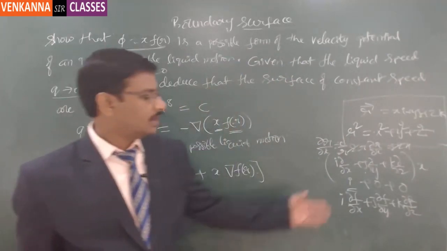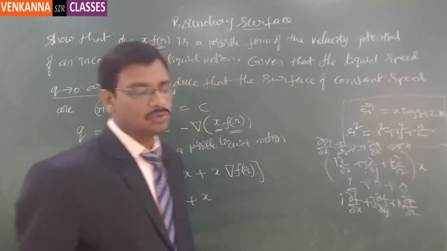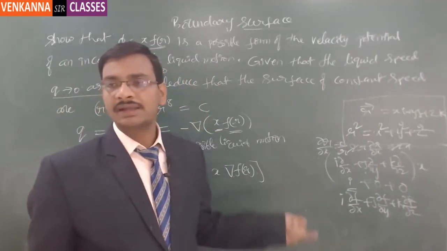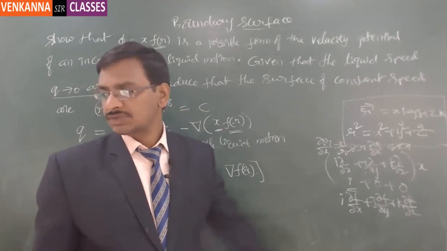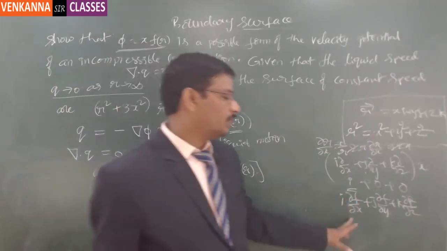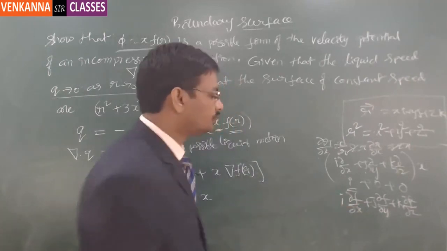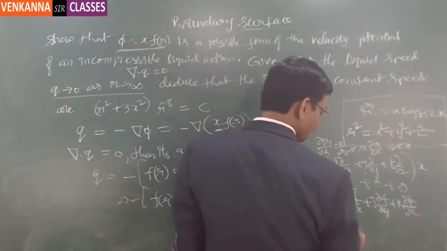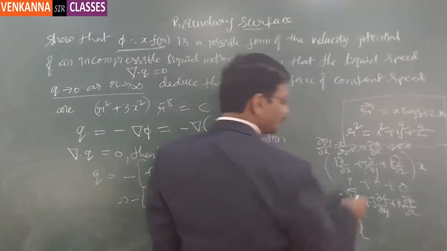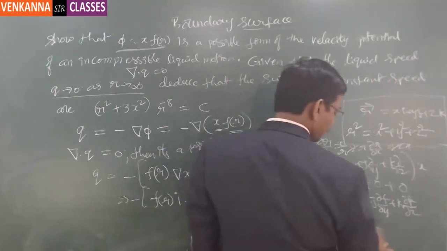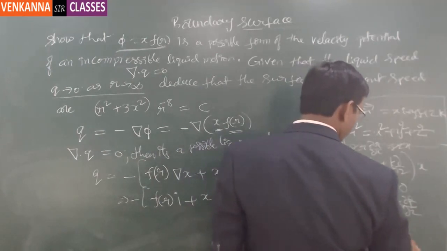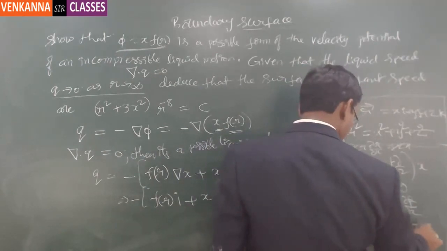Dou r by dou x is equal to x by r. Dou f by dou x you cannot do directly because f is a function of r, not a function of x. But indirectly r is a function of x. So you have to identify dou f by dou r into dou r by dou x. Dou f by dou r is f dash of r, into x by r into i plus yj by r plus zk by r.